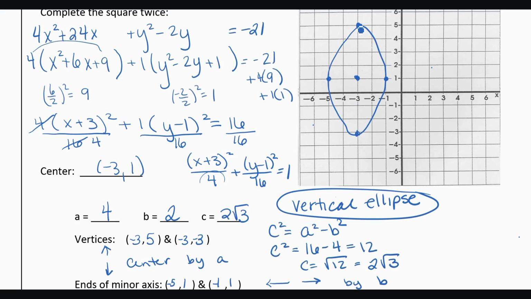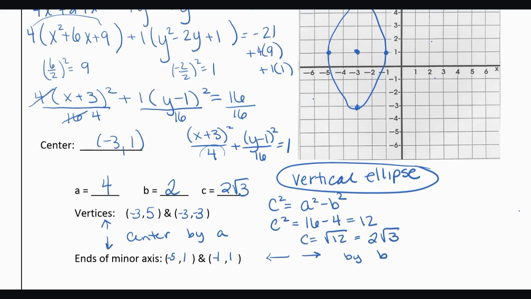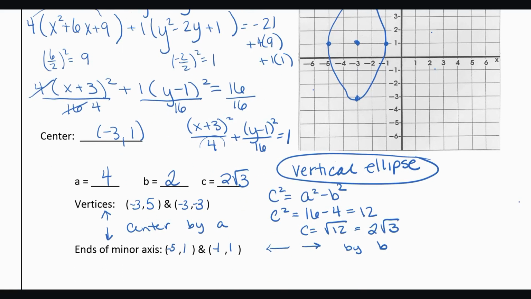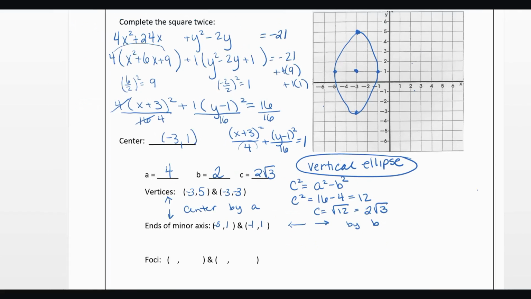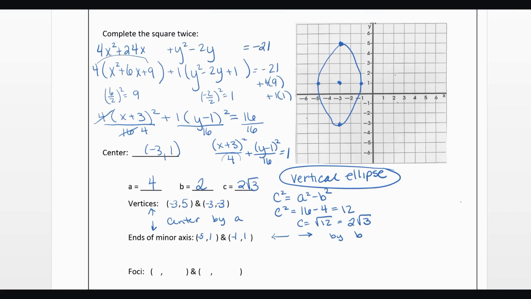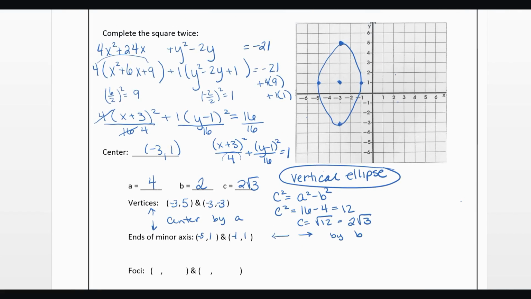And for our foci, since this is a vertical ellipse, we'll go up and down from the center by c. Sorry, this gets off the page, so I'll shrink it just a little bit. Okay, so our c is the square root of 12, which is just over 3. So to kind of sketch it out, we'd go up a little past 3, down a little past 3.